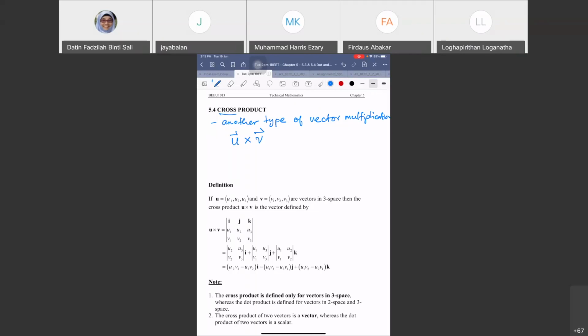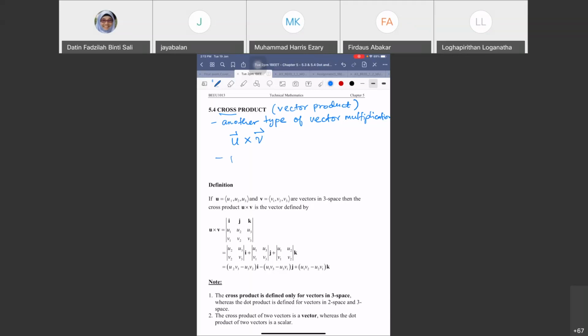Another name for the cross product that you may come across is vector product. Why is it called vector product? Because the product itself is a vector.